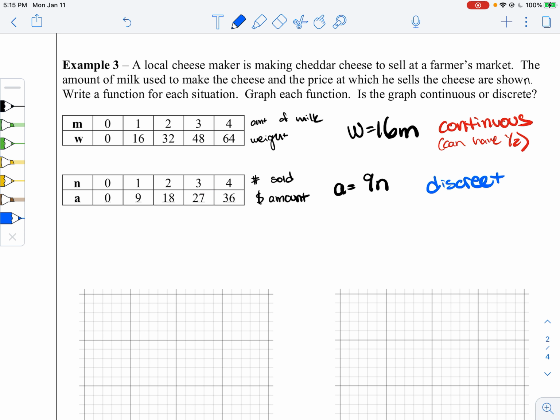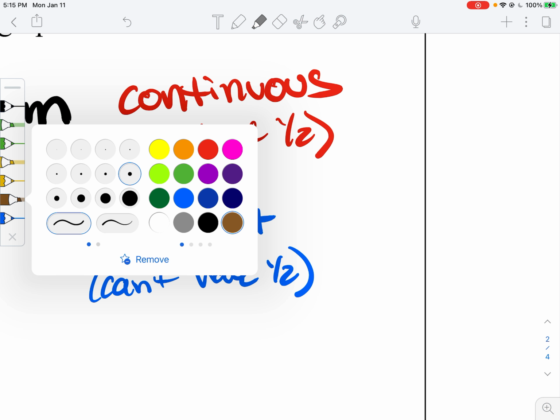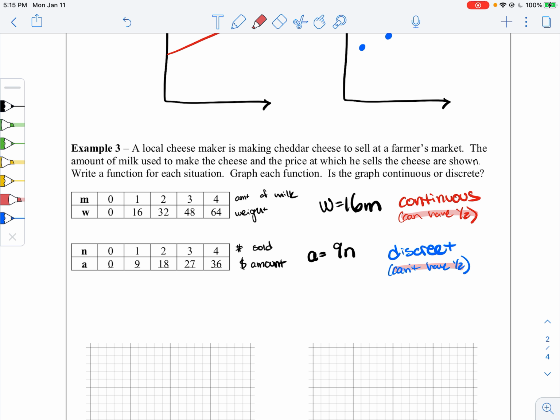Don't cut the cheese, guys. So my question for you to remember the difference between discrete and continuous is, can you have half? Because if it makes sense to have half of the thing, then it is continuous. But if you can't have half of one thing, then it's going to be discrete.